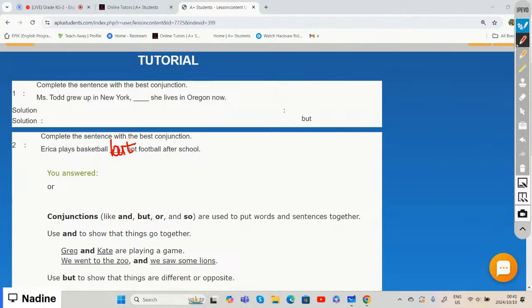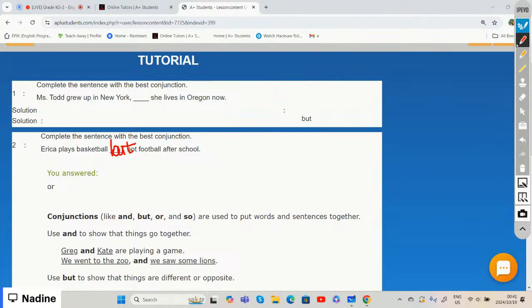So when it comes to conjunctions, we use words like and, but, or, and so, and those words are used to put the words or sentences together. It's like they are joining them.